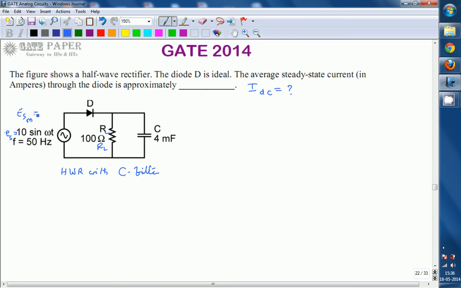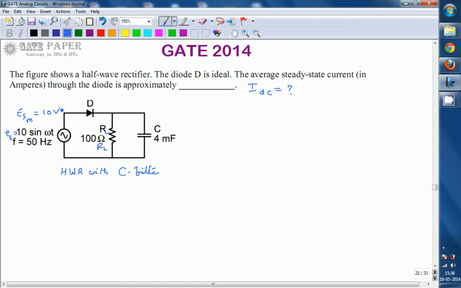M implies maximum or peak value, so ESM is 10 volts. RL is known, that is 100 ohms. C is the capacitor value, 4 millifarad.